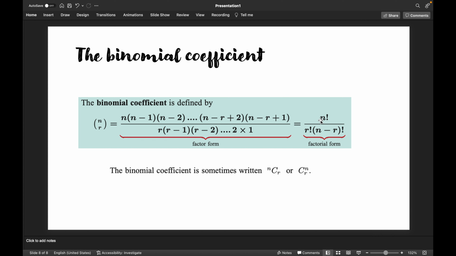So this is important. Just remember that it's n factorial divided by r factorial into n minus r factorial. Think of the top as n, and for the bottom, instead of multiplication, think of it as addition. So r and r get cancelled, left with n and n. That's how I remembered, but you can remember it however you want.